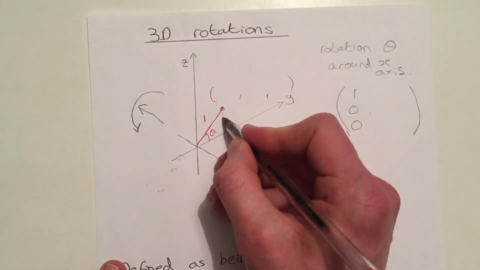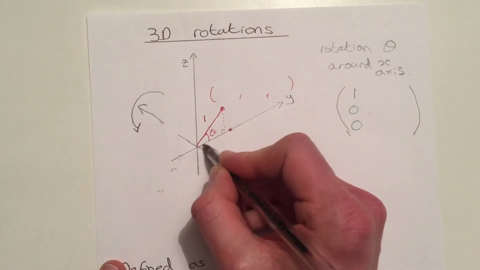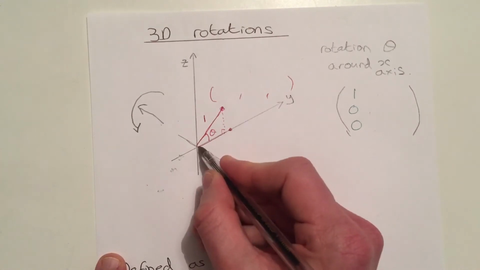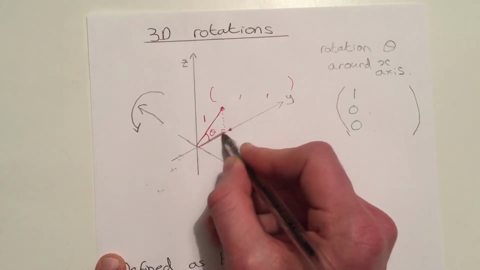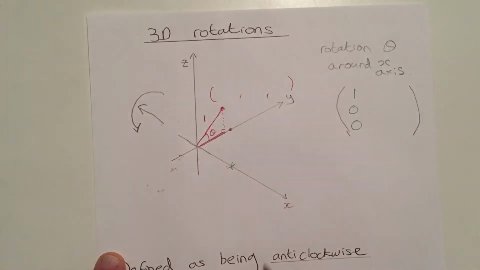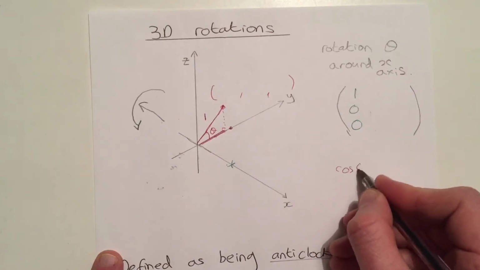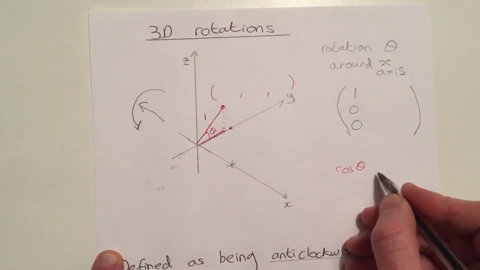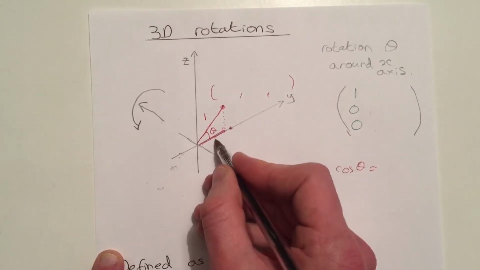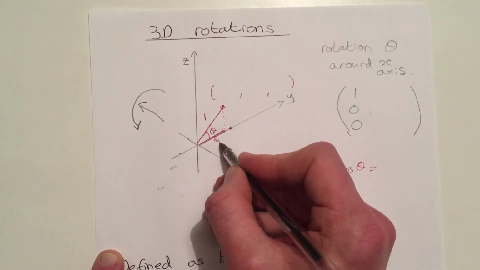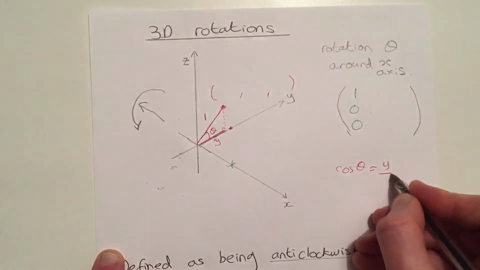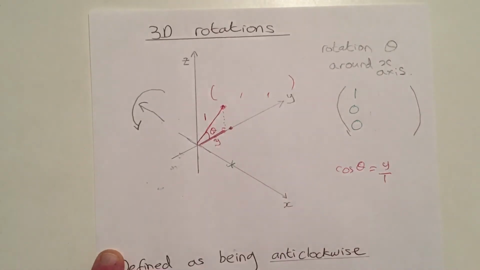So, by drawing a little right angle triangle here, I can work out this length here, because this is the adjacent to the angle. So I can say cos theta is equal to the adjacent here, which is what I want to work out. This is going to be my y coordinate here, how far along the y axis I am for this, divided by 1. That's the hypotenuse there.